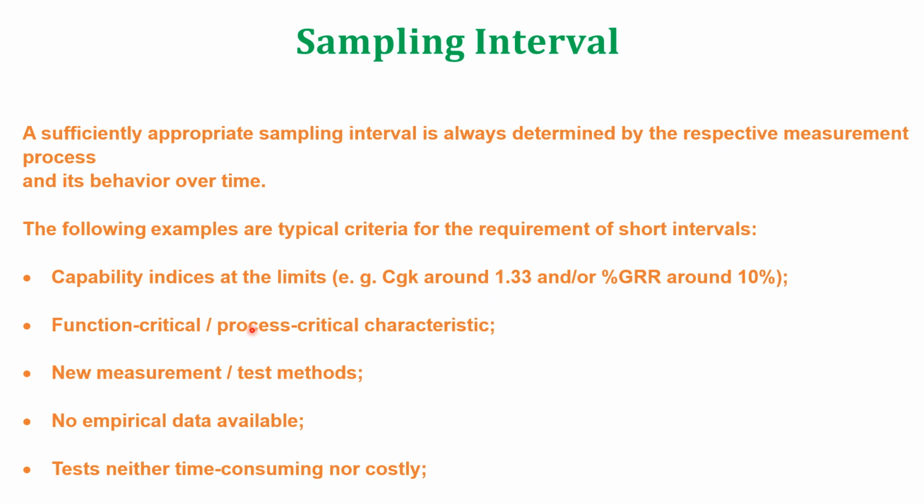Whether it is function critical or process critical will be the criteria for deciding the interval. For a new measurement test method where no empirical data is available, you can have a higher frequency. Also whether the test is neither time consuming nor costly. Depending upon these things, the sampling interval or period can be decided for the test.